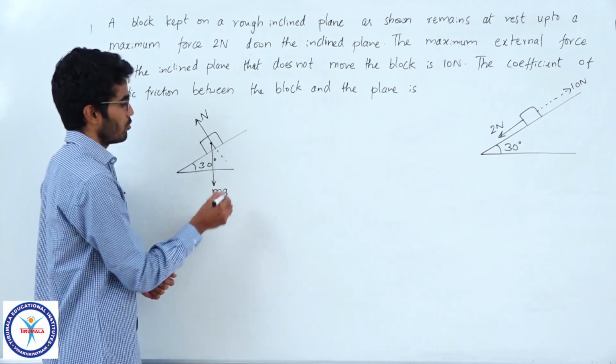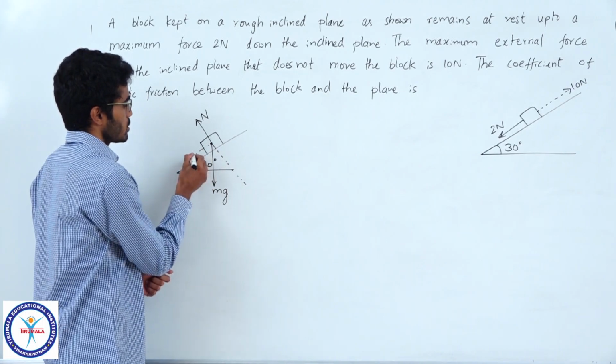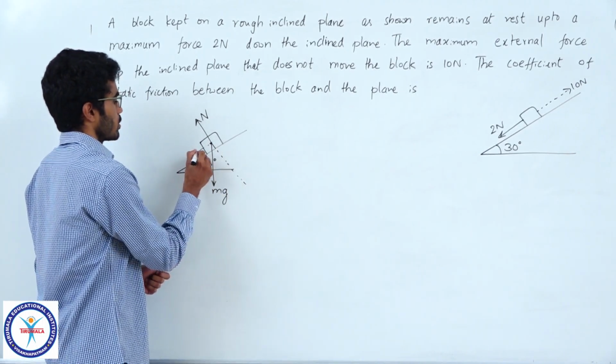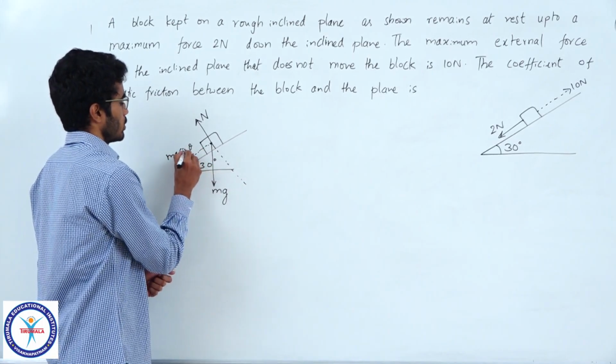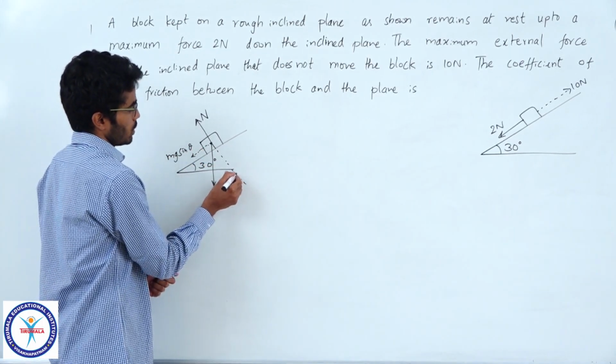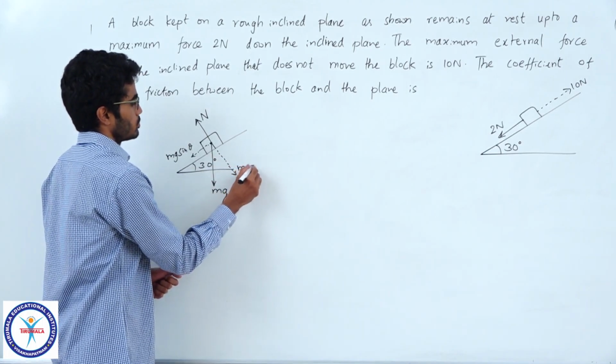We know how to resolve the weight along the normal direction and along the surface. This is mg sin theta and this will be mg cos theta.